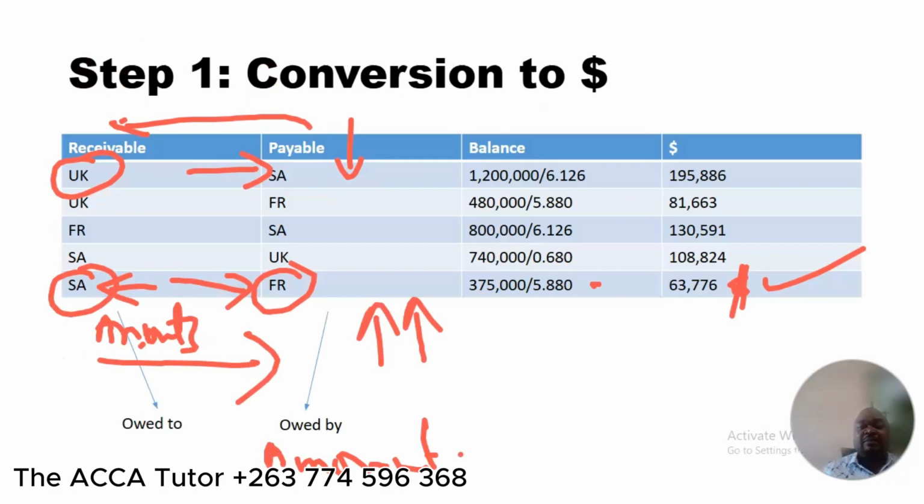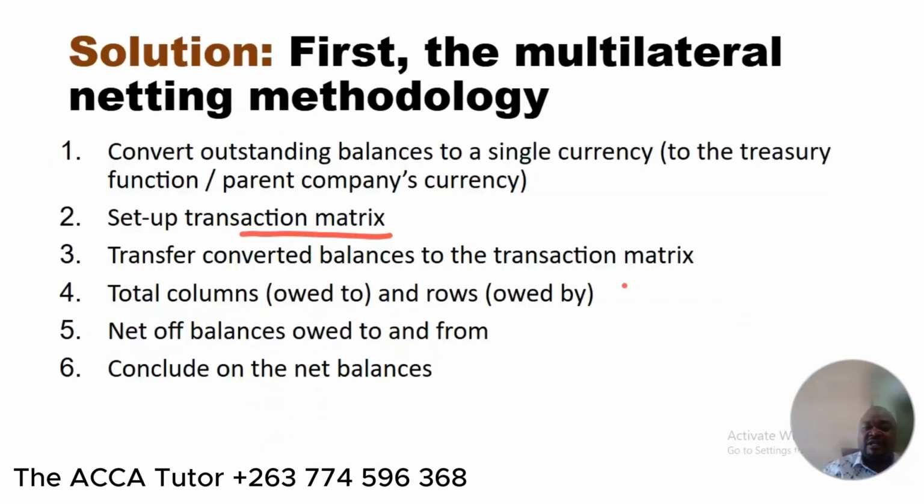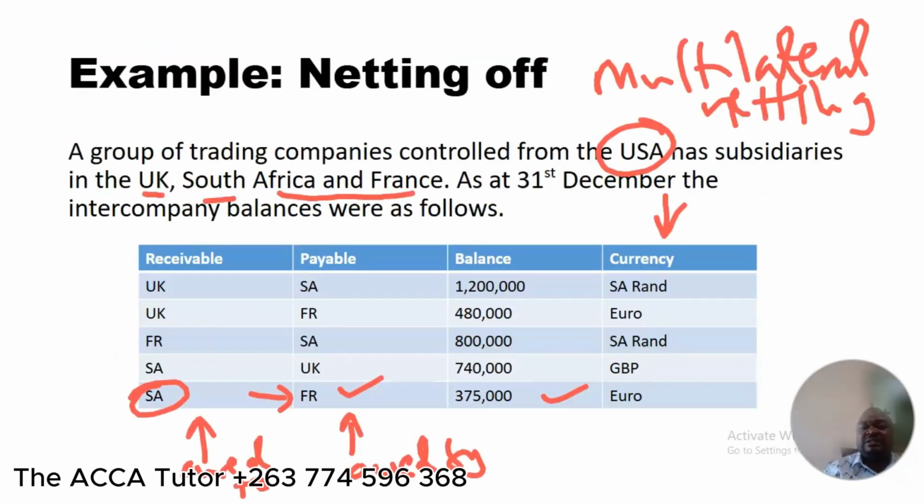All right, so the first step was to convert these amounts using the appropriate rate. For example, if we are talking of the UK, we need to understand what denomination the currency was in, and this was a South African amount, right? So we are going to use the South African rate.